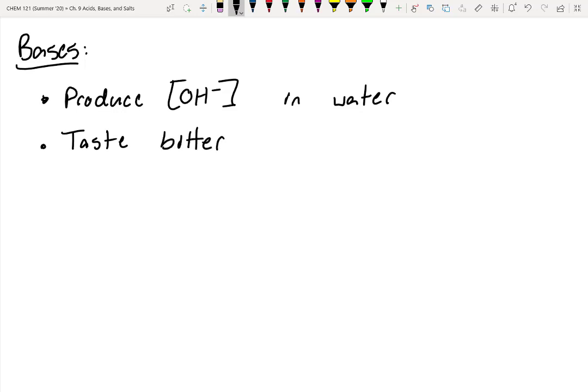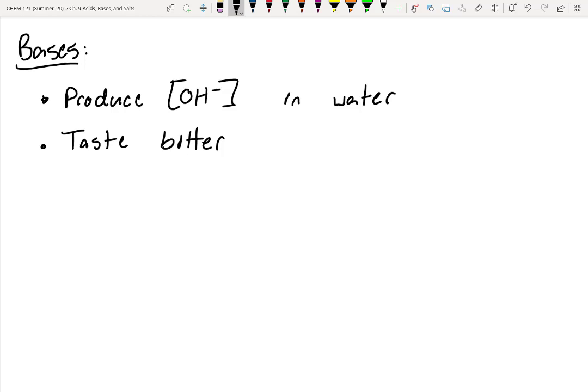And I know it's hard to differentiate bitter and sour sometimes, but oftentimes the bitter taste of plants are due to what are called alkaloids, and those are bases. A good example of this, for those of you that imbibe in a cocktail once in a while, would be a gin and tonic. That tonic water has an alkaloid in it, and that bitter flavor is due to the base.